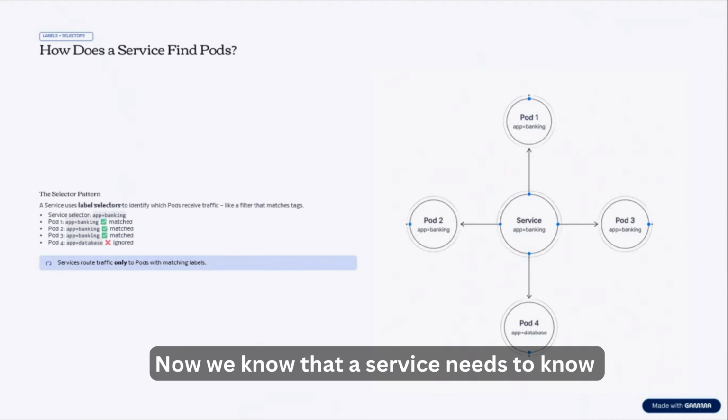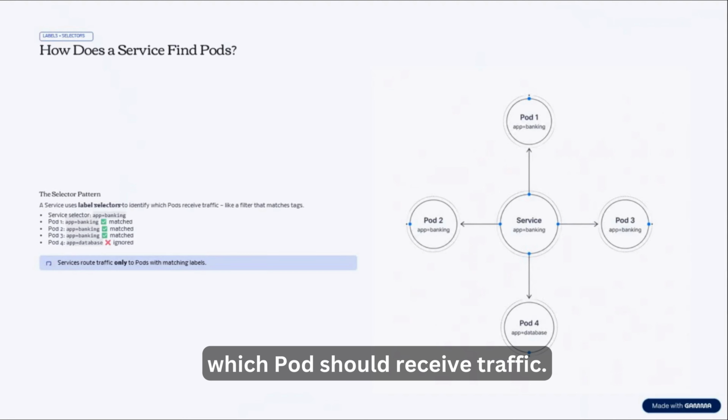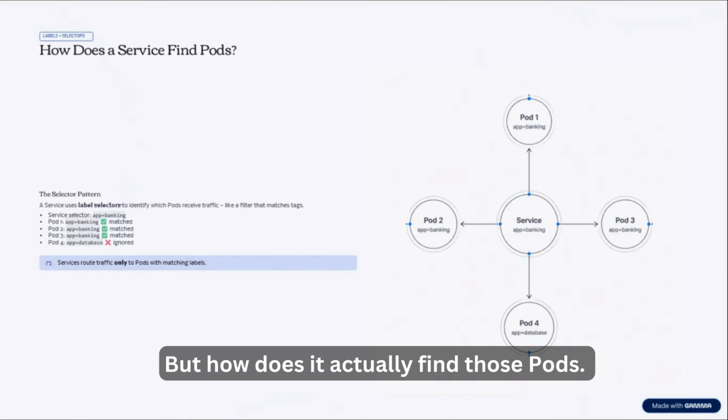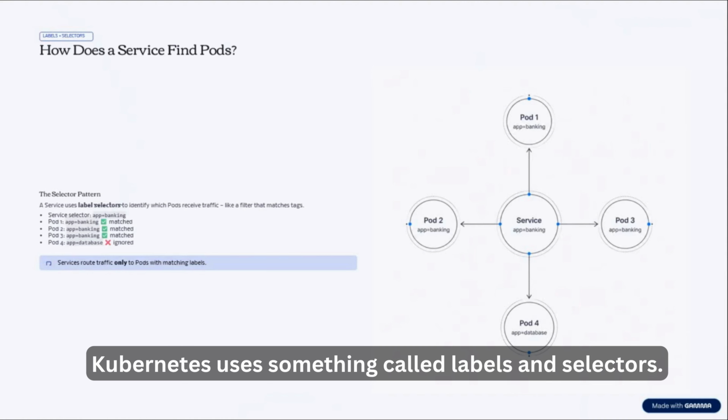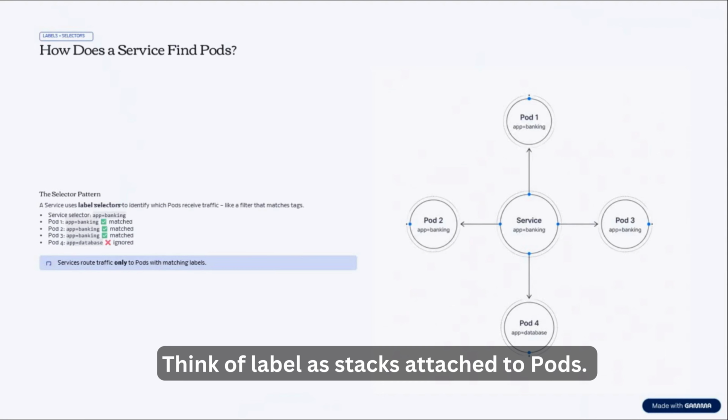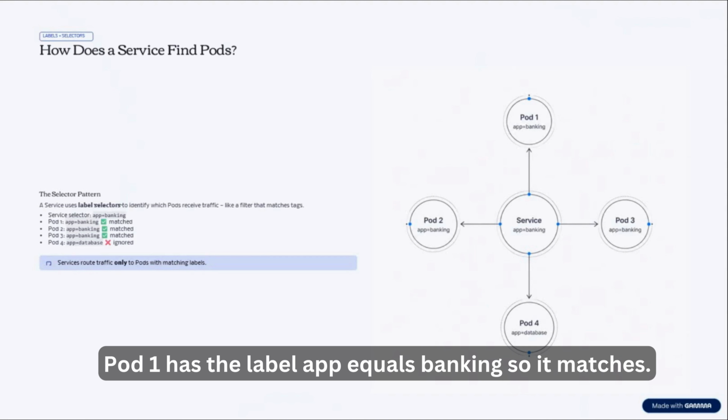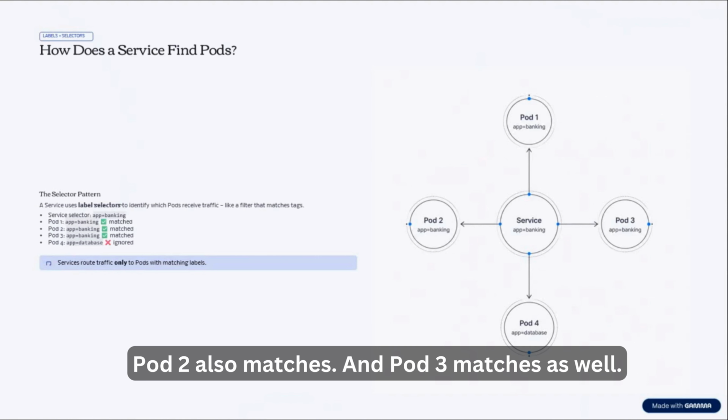Now, we know that a service needs to know which pod should receive traffic. But how does it actually find those pods? Kubernetes uses something called labels and selectors. Think of labels as tags attached to pods. In our example, we have a service with the selector app equals banking. Pod 1 has the label app equals banking, so it matches. Pod 2 also matches, and pod 3 matches as well.